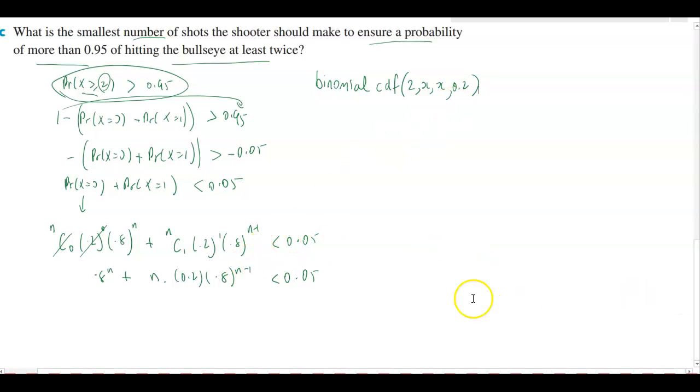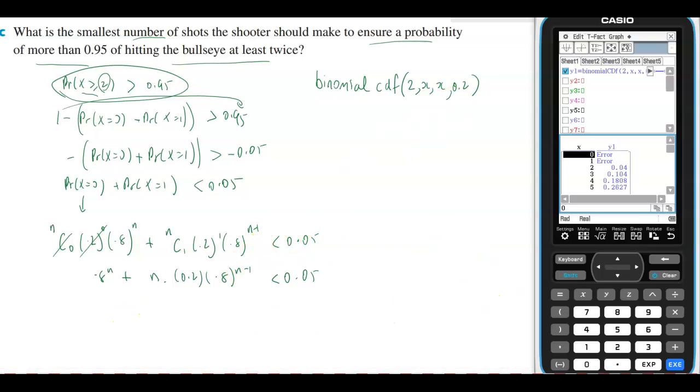Let's bring the calculator up and get that happening. And, oh, what a remarkable coincidence, it's already there. And so there it is. So it's got binomial CDF 2, x, x, 0.2. Now remember, we want to know when this is greater than 0.95.